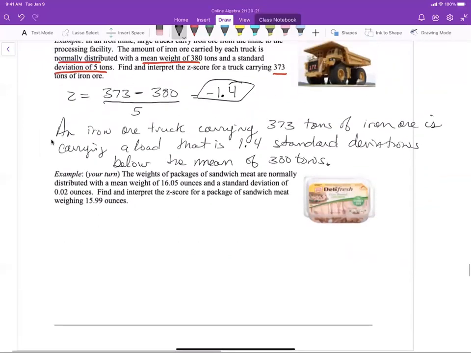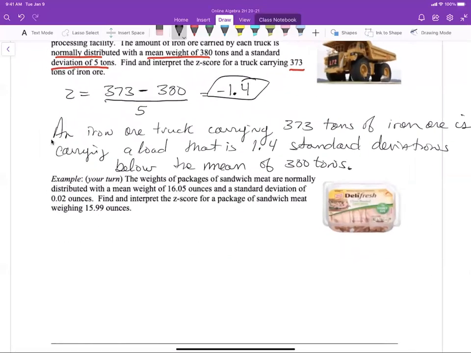Why don't you try one yourself? Welcome back. The weights of the packages of sandwich meat are normally distributed with a mean weight of 16.05 ounces and a standard deviation of 0.02 ounces. Find and interpret the z-score for a package of sandwich meat that weighs 15.99 ounces. So my x value in that equation is 15.99.